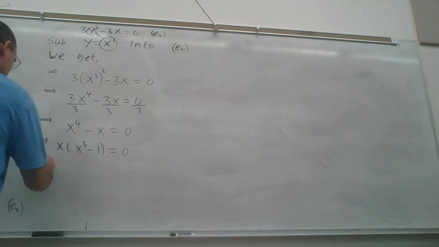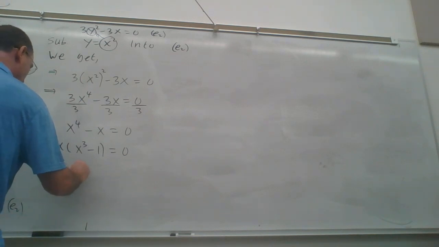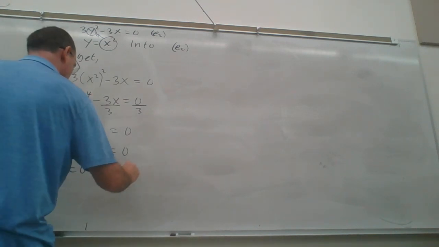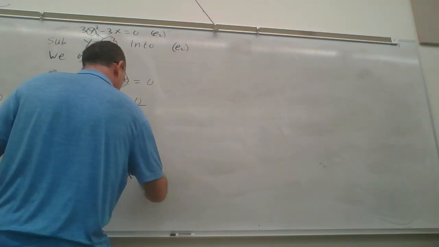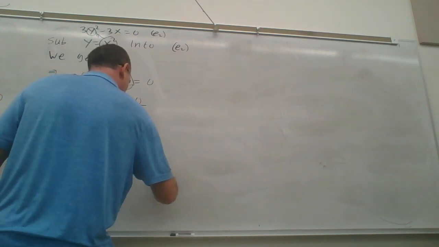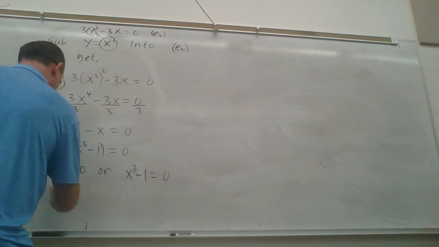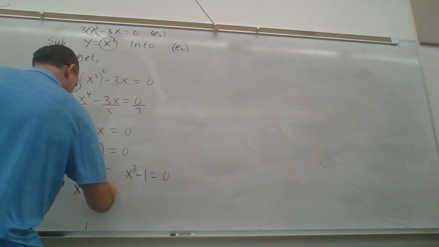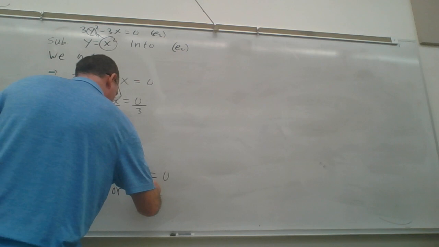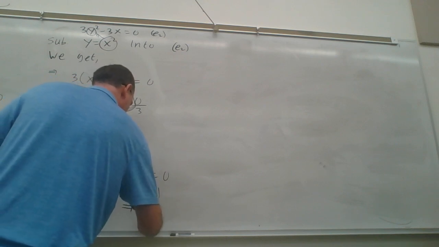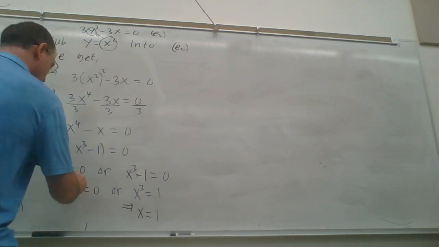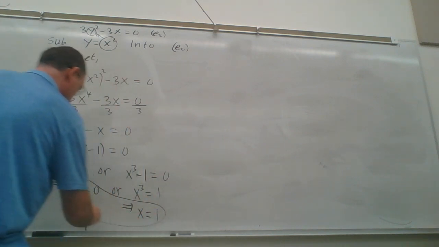So we have x equals 0, or x cubed equals 1. This implies then, taking cube root on both sides, x is 1. So here's our two answers.